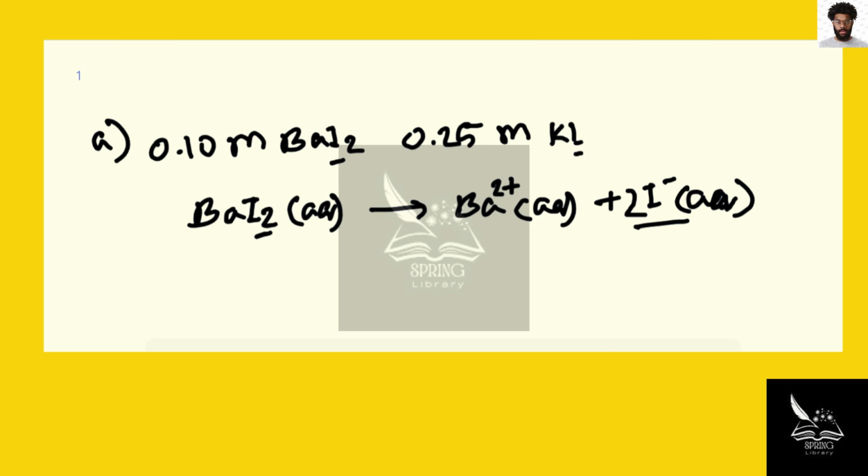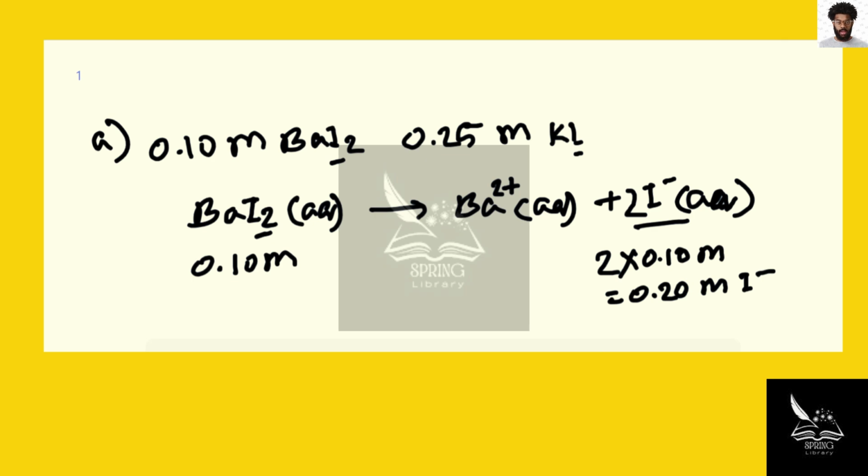Now if the concentration of barium iodide is 0.1 molar, that means the concentration of iodide that will be produced from here will be 2 times the concentration of barium iodide, which is 0.1, and it will give us 0.2 molar iodide ion.